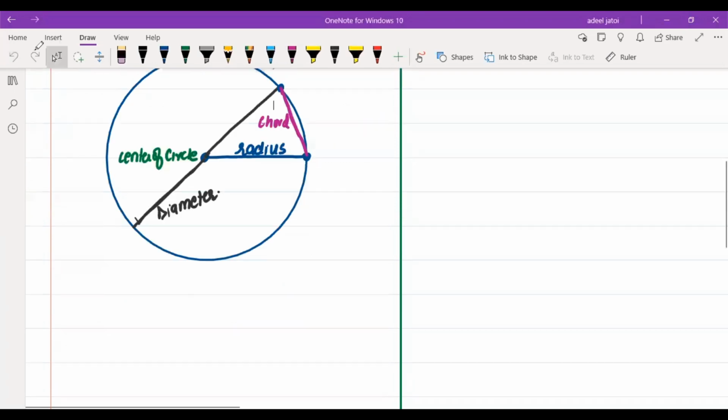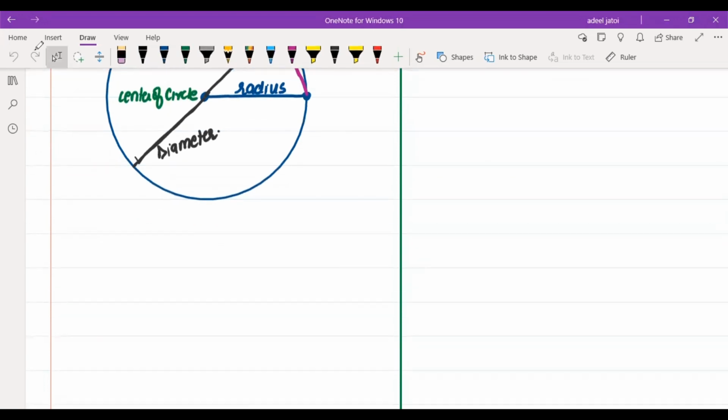Now, continuously, if you see that property number 1 can be known as your isosceles property. Now, what does isosceles property do?